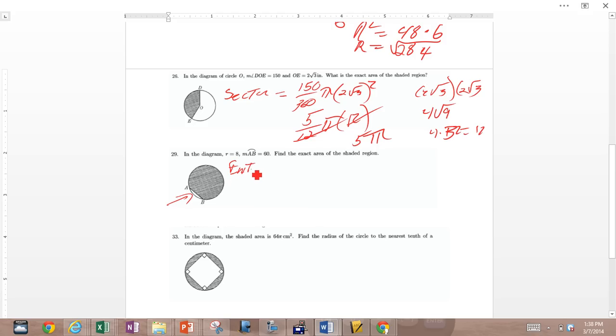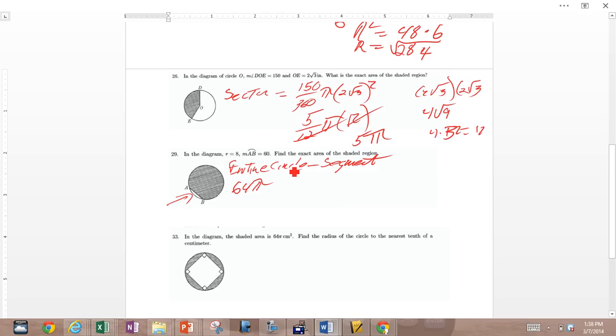The entire circle minus that little cap is what we call the segment. So the entire circle is, of course, a circle of radius 8, which makes that 64 pi.